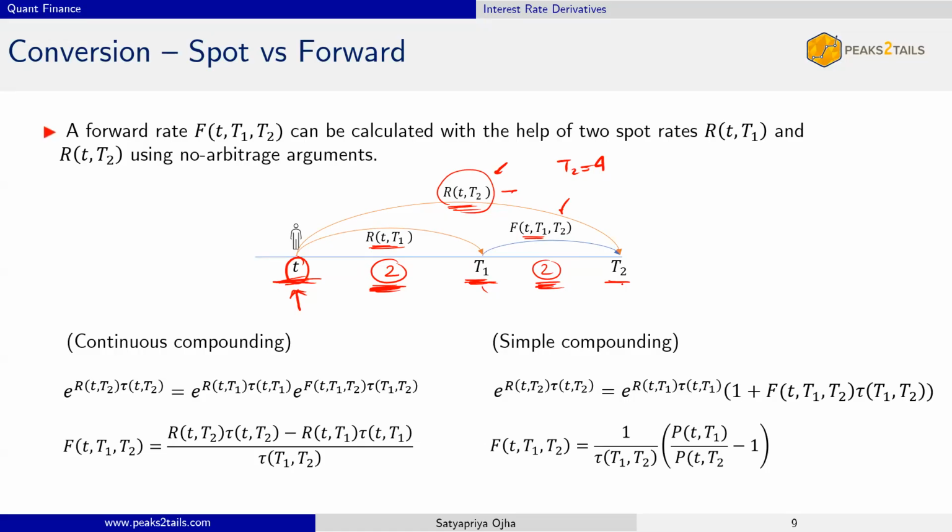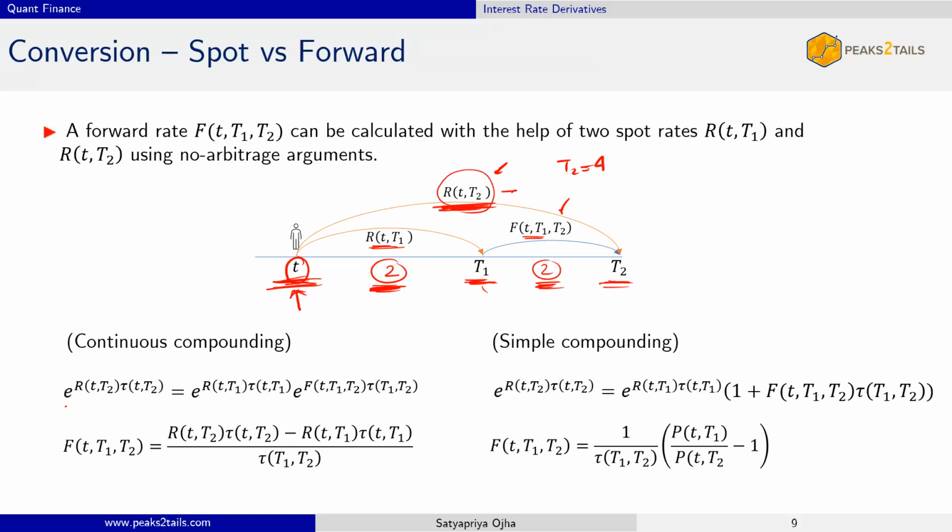For interest rate, what we need to do is we need to see that at the end of the period T2, you should have exactly the same money. Doesn't matter which way you go, this way or the second way. So let's do this. If you book using the spot rate that is applicable for the entire time period from small t to T2, then you'll get this rate.